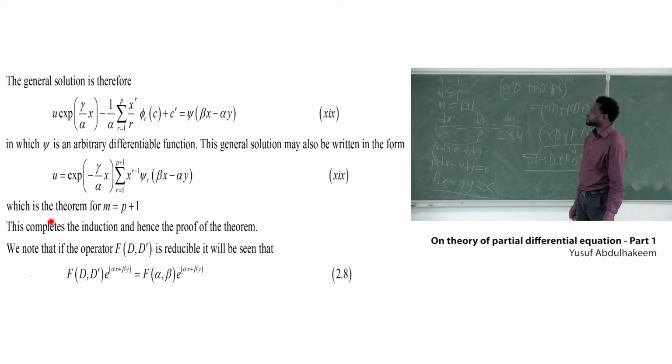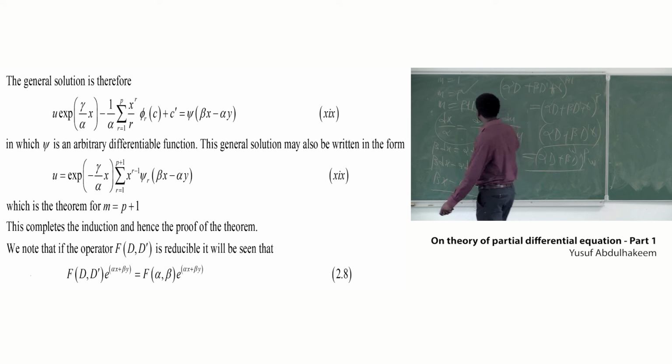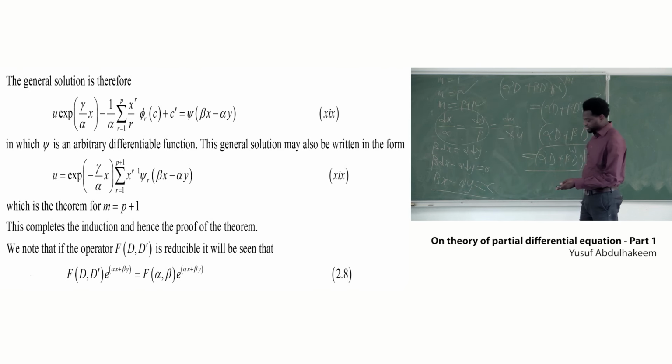We can see from here now that by the time we put this together, we are going to have our summation from r equals 1 to p plus 1 and x to the power of r minus 1. Then we have this, and this shows that this theorem is also true for when m is equal to p plus 1.